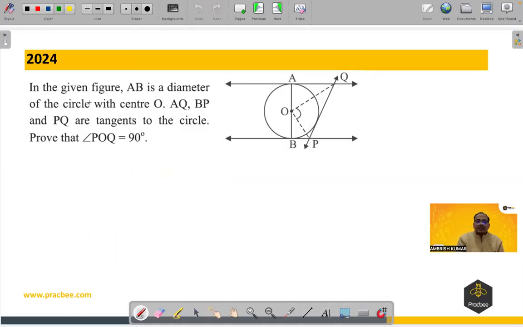In this question, AB is the diameter, O is the center, AQ, BP and PQ are the tangents to the circle, right? Now prove that angle POQ is 90 degrees. So look, what we can do here, we can give some name to this angle, like this angle.